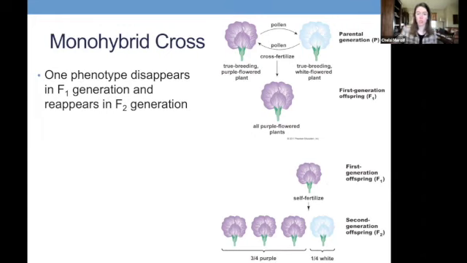So if you remember the terms homozygous and heterozygous and dominant and recessive, that's where these things come into play. And so this parent generation that he crossed, this purple plant right here, had two alleles. Both of them were purple. This white plant had two alleles. Both of them were for a white flower.